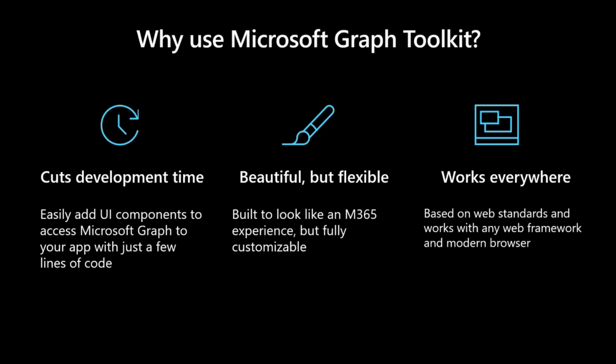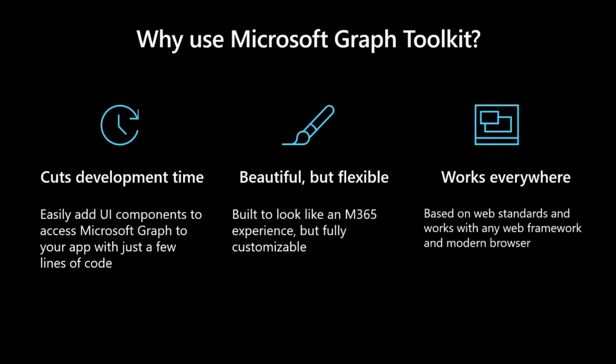And for a majority of our components, it's actually one line of code. They're beautiful, but they're flexible. They look a lot like M365. So if you build apps that are integrated in one of our hubs, think about Outlook, Office.com, Teams, SharePoint, they will look pretty much the same way that the rest of the suite looks.